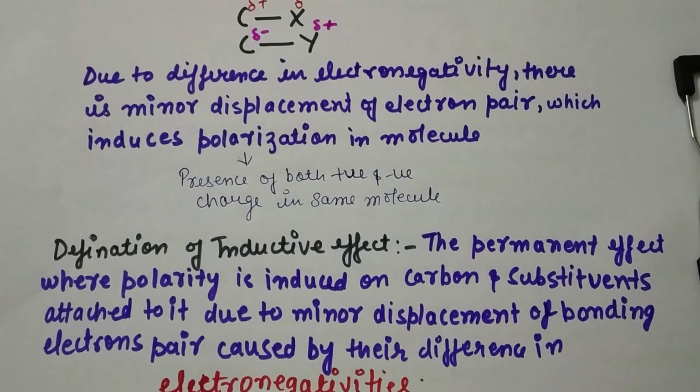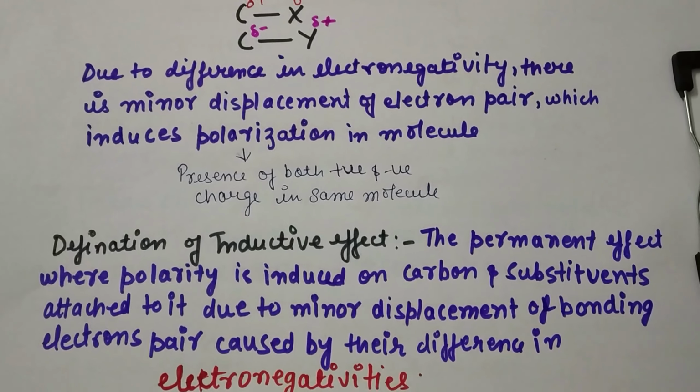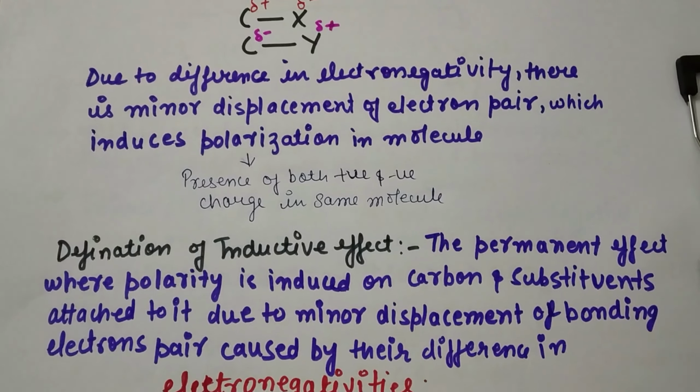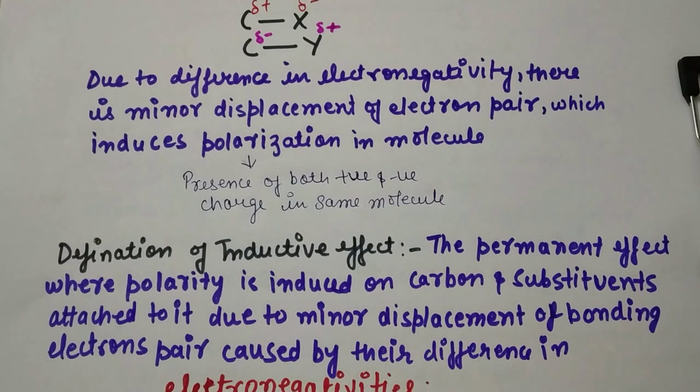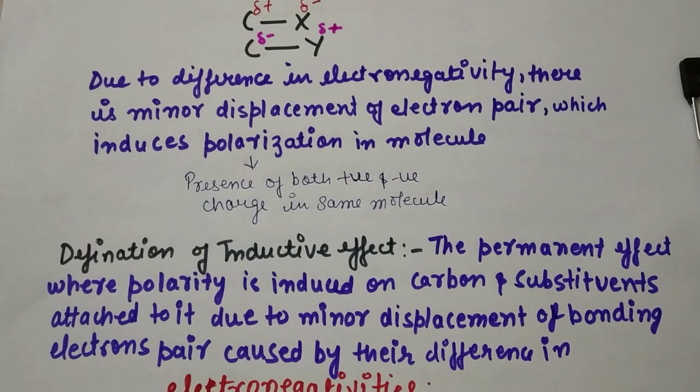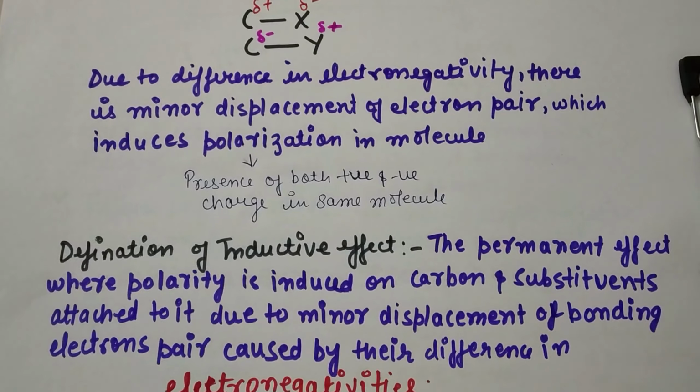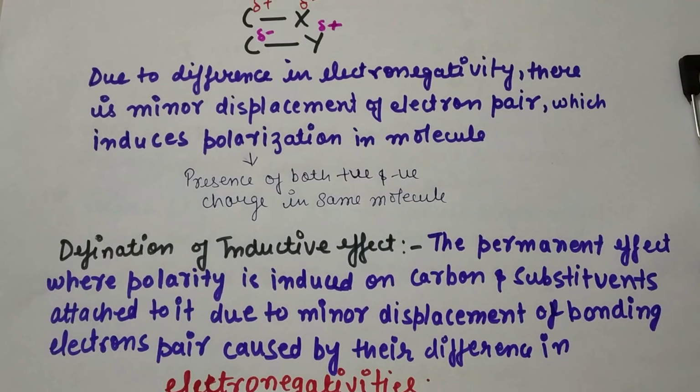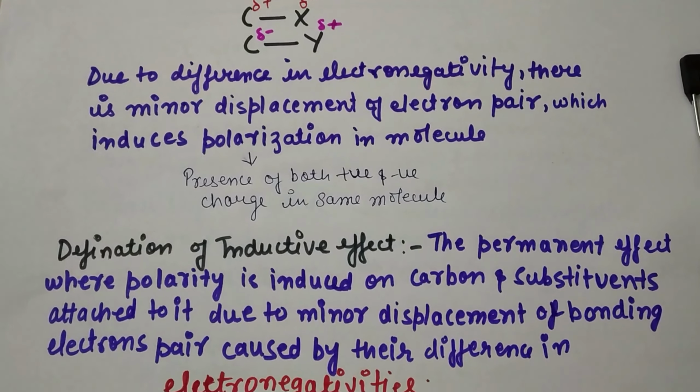It is the permanent effect where polarity is induced on carbon and the substituent attached to it due to the minor displacement of the bonding electron pair caused by their difference in electronegativity.